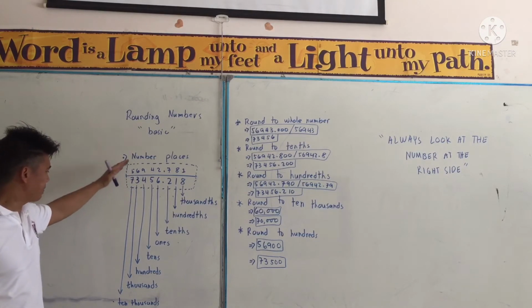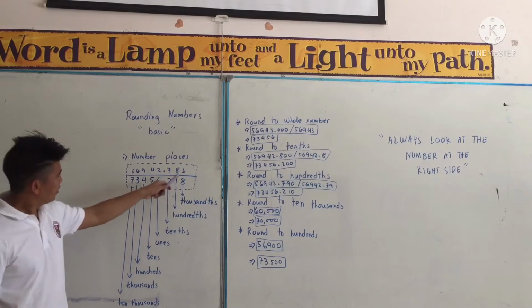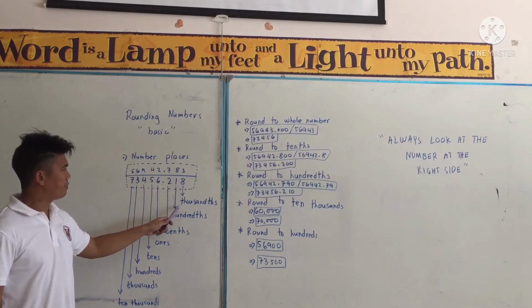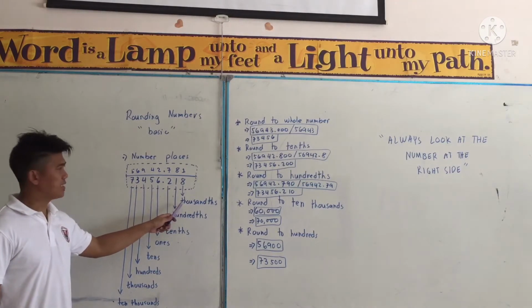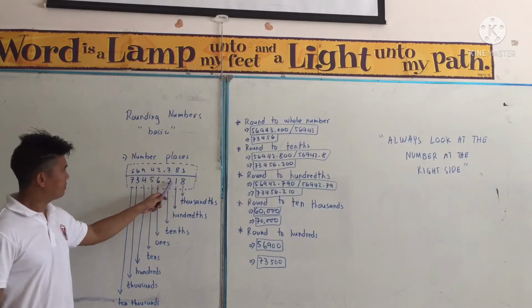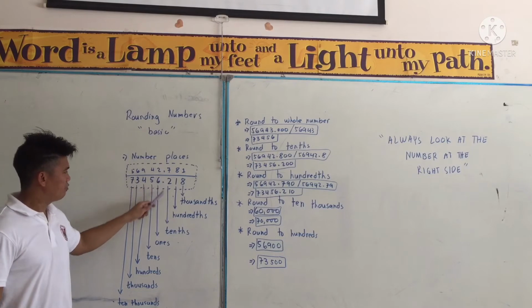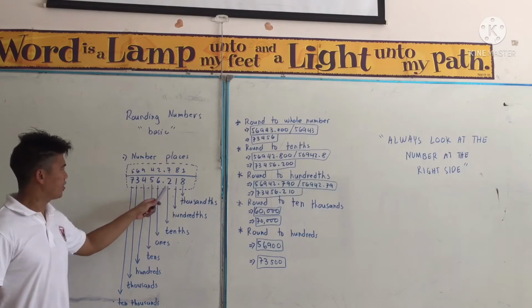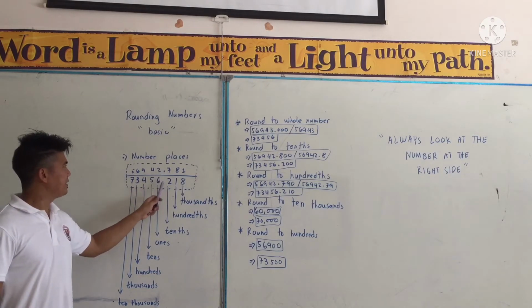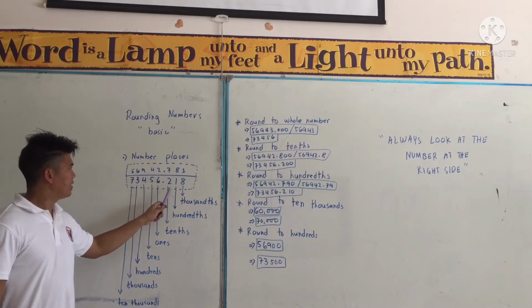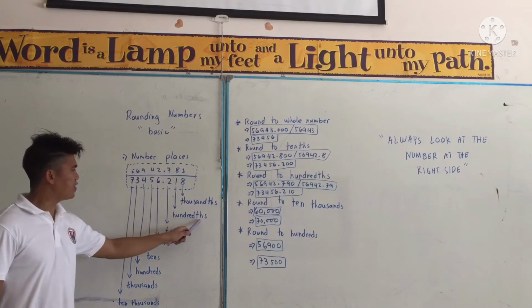These are the places of these numbers. 1 and 8 are in the thousandths place, 8 and 1 hundredths, 7 and 2 tenths. So you see, after the decimal, their places have TH.